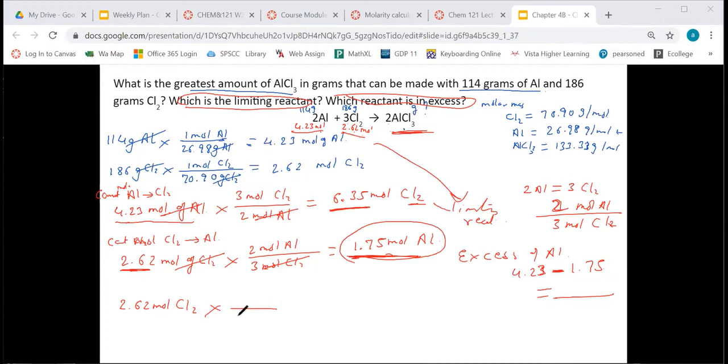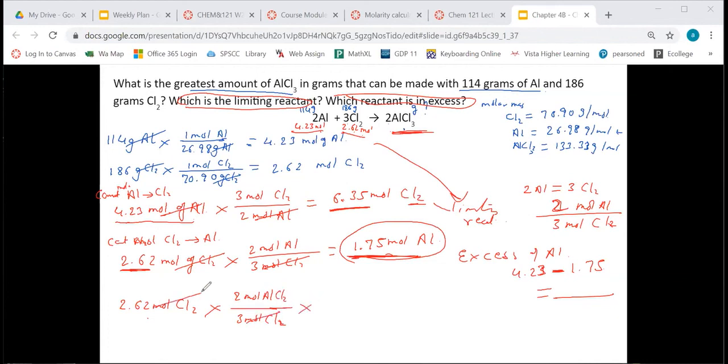So 3 mole of chlorine produces how many moles of aluminum chloride? 2 moles, yes? So you are now doing stoichiometry, jumping from one kind of mole to a second kind of mole. So it's 2 mole aluminum chloride.